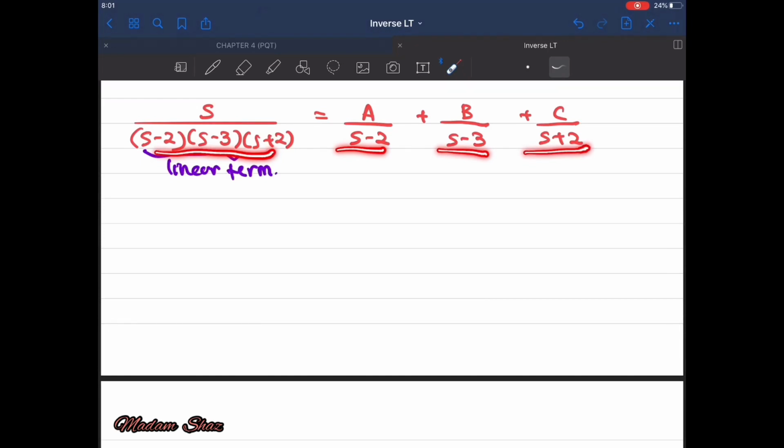On the left hand side, we always copy down whatever we have at the upper side.